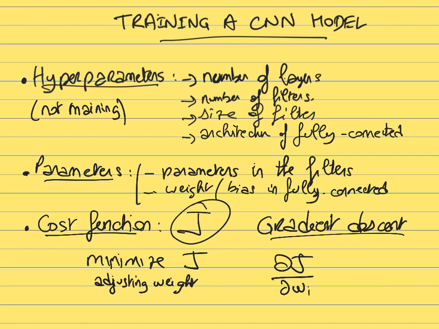So you will calculate the gradient of the cost function with respect to all the weights, and then you will slightly increase or slightly decrease the weights based on your learning rate to minimize the cost function as much as possible. You will adjust the value of the parameters in the direction of the negative gradient, to always go in the direction that minimizes the cost function.